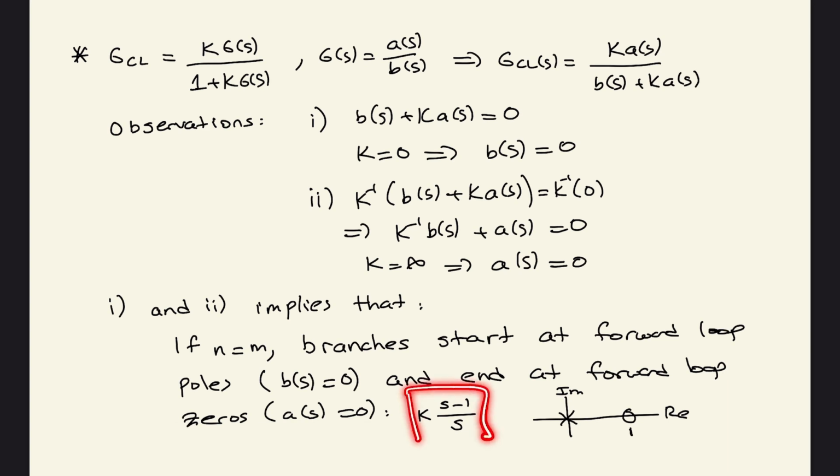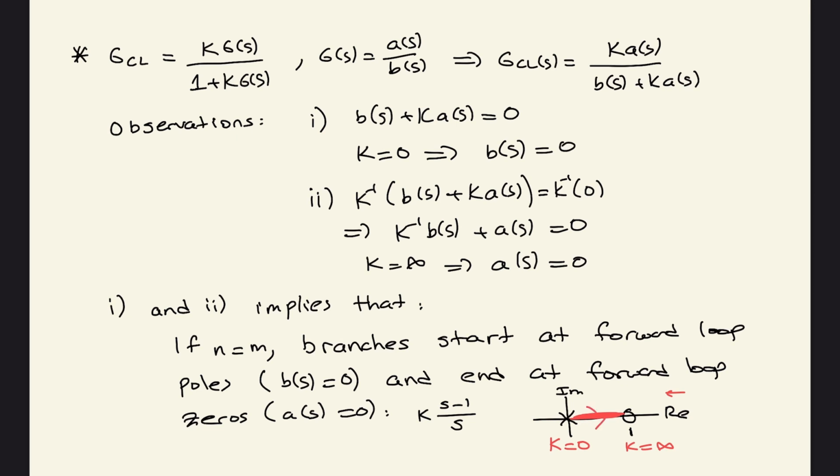Consider a simple case. You have one forward loop zero, one forward loop pole. Basically, starting from here, root locus exists between these two. Basically, we say that k equals 0, you are here, k equals infinity, you are there. Moving from forward loop pole to forward loop zero.